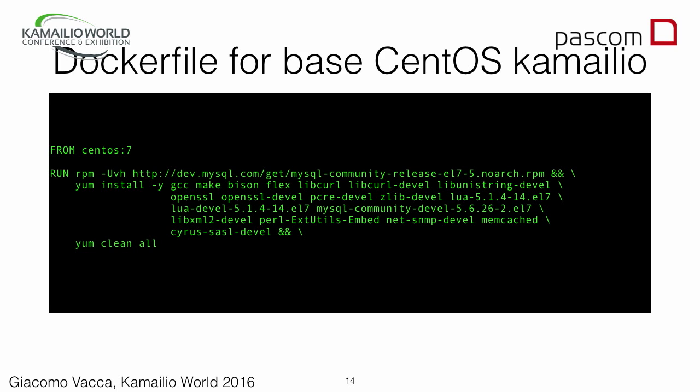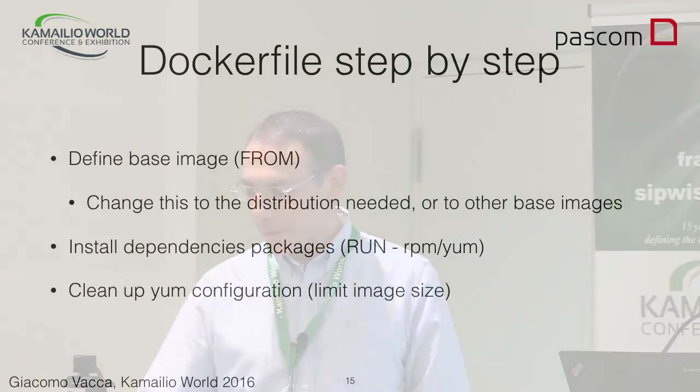And then with a copy-on-write approach, you install the other requirements and then ensure that the yum configuration is clean, just to keep the image size as small as possible. So this is basically this explanation.